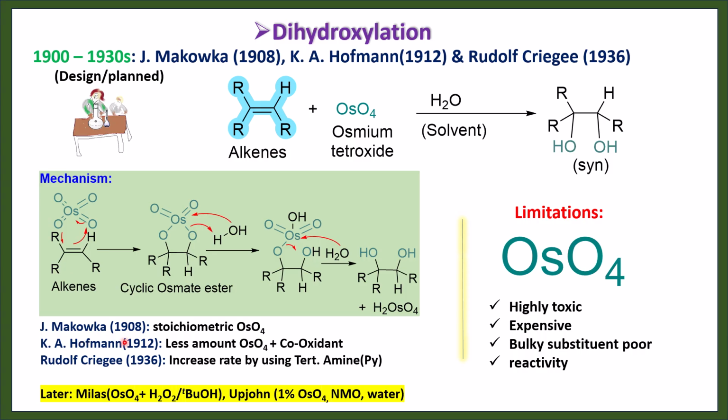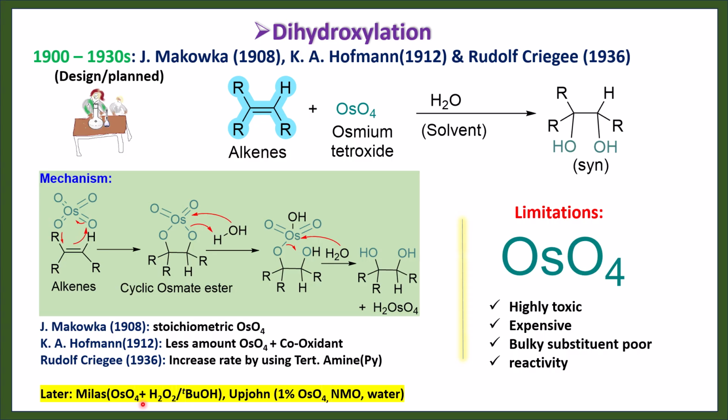Initially, Makua in 1908 used stoichiometric osmium tetroxide. Further development in 1912, Hoffman used a smaller amount of osmium tetroxide with a co-oxidant to get a better yield. And Rudolf Kriege in 1936 increased the rate of the reaction by using a tertiary amine, usually pyridine.